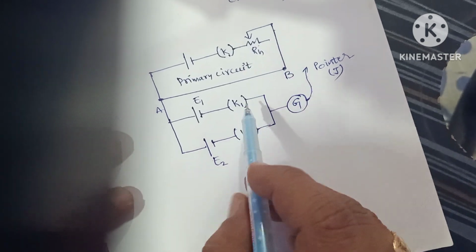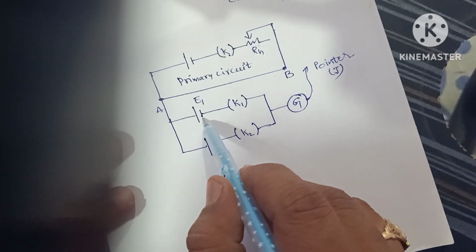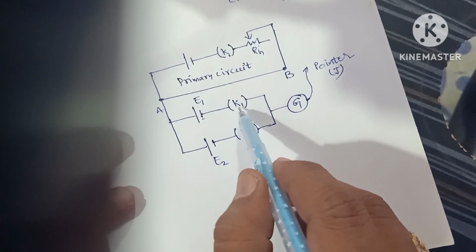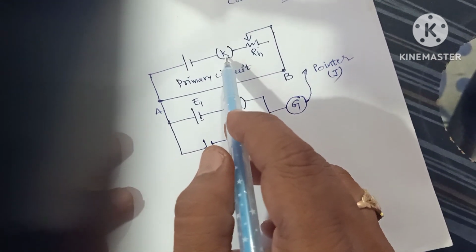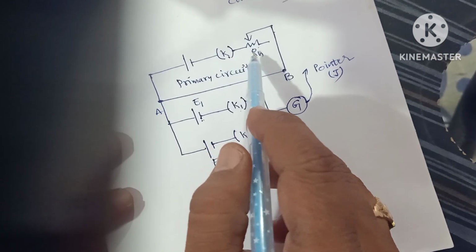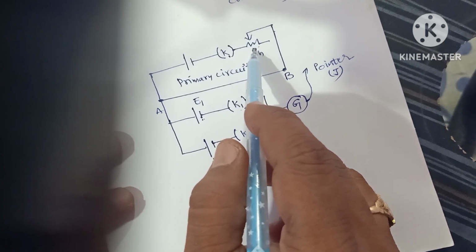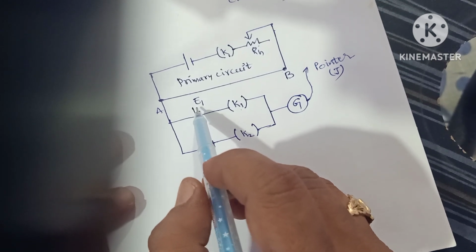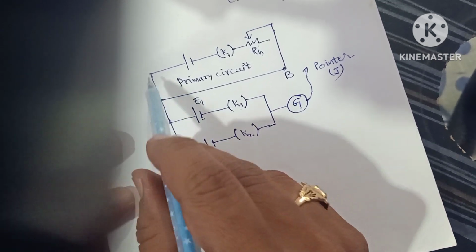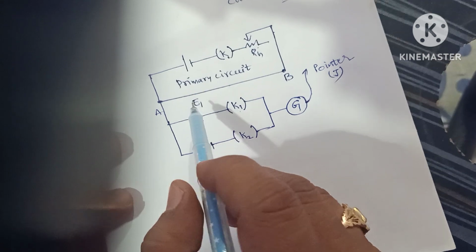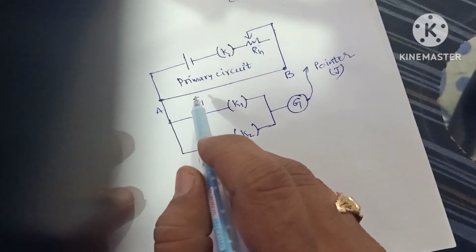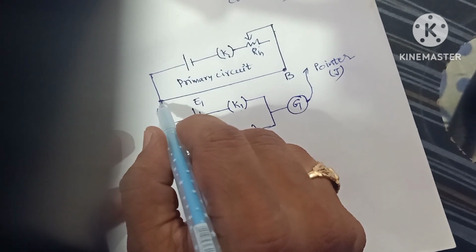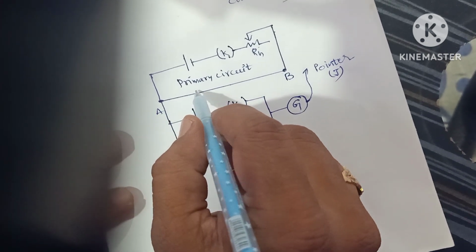Then the cell of EMF E1 is included in the circuit by closing the key K1. So we close K1, and the cell E1 is included in the circuit. After that we need to move the jockey, or the pointer, from A to B slowly.